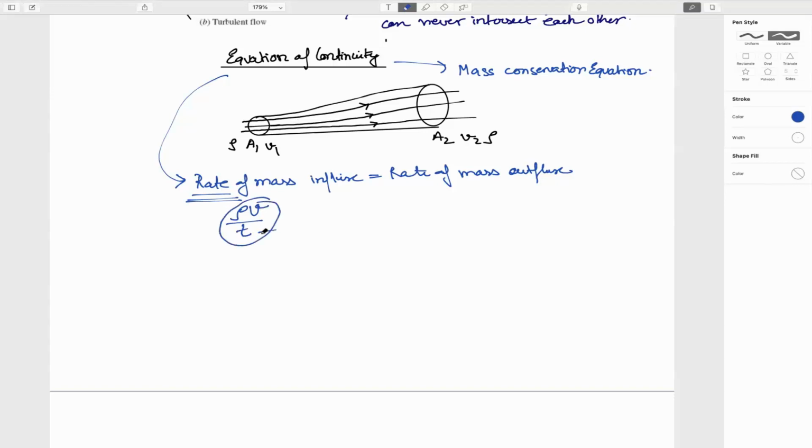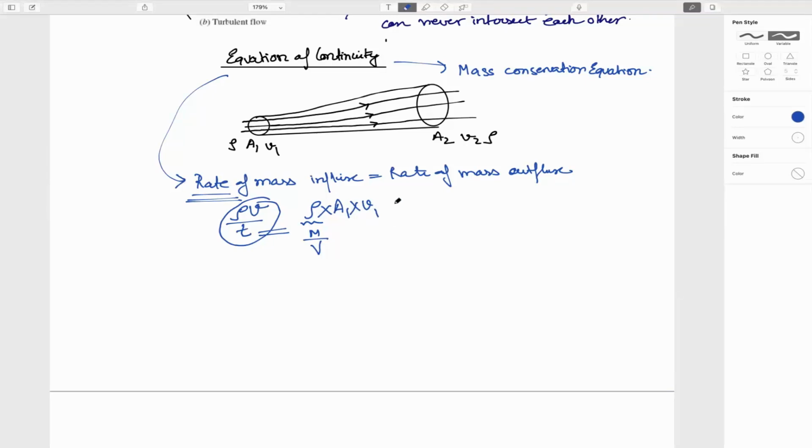So we have density into area into velocity. Density is mass per unit volume, and area into velocity is length per unit time, since velocity is length per unit time. That will take care of the rate.